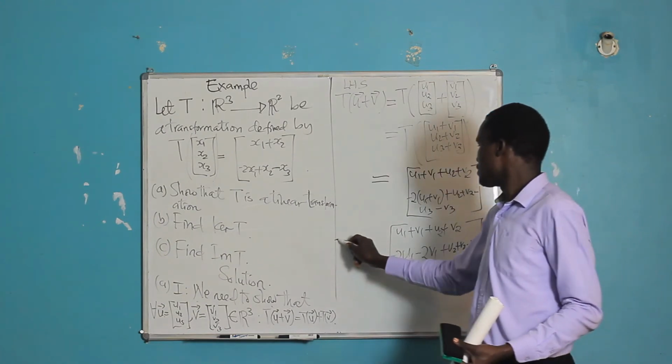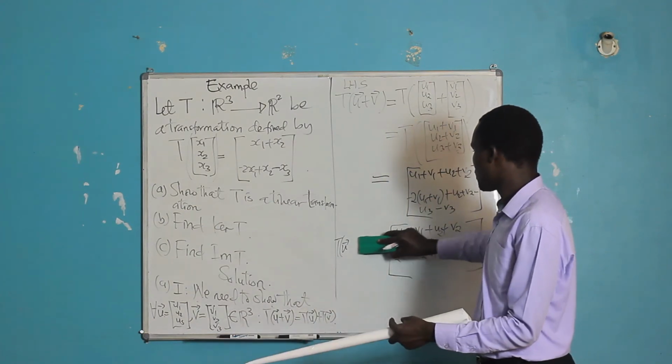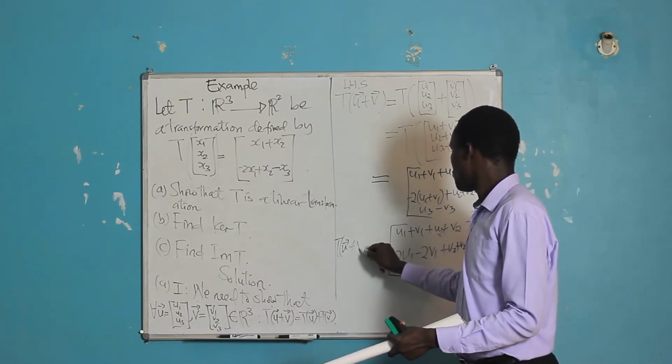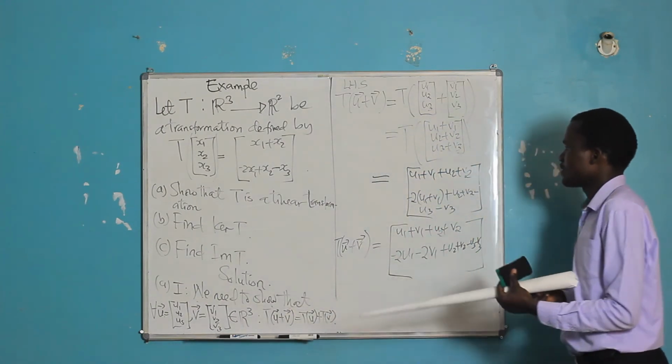This is T of vector u plus vector v. That's the left hand side.